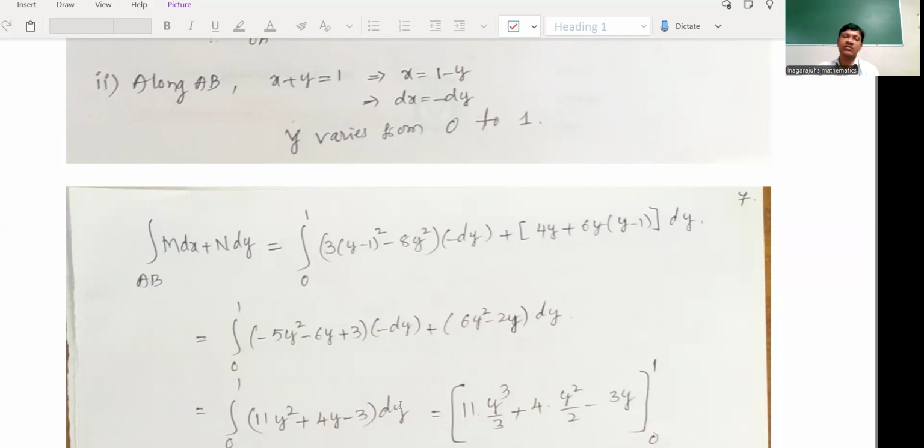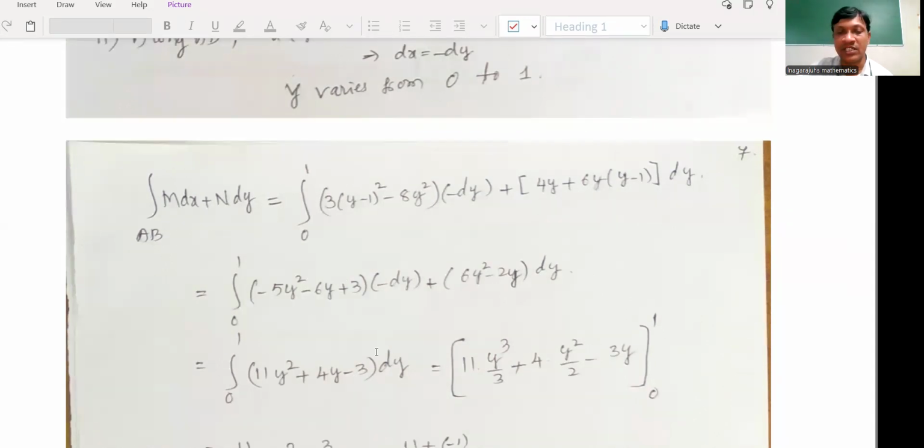Integrating with respect to y: the integration of y squared is y cubed by 3, the integration of y is y squared by 2, and the constant 3 integrates to 3y. The limits are 0 to 1. So 11 into y cubed by 3 plus 4 into y squared by 2 minus 3y, limits 0 to 1.